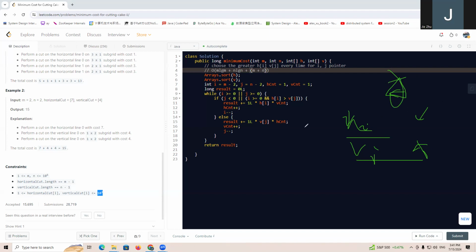So what we do is we have the buckets, right? This is from 0 to 1000, including 1000, right? So every time we have the pointer move from 1000 down to 0, right?